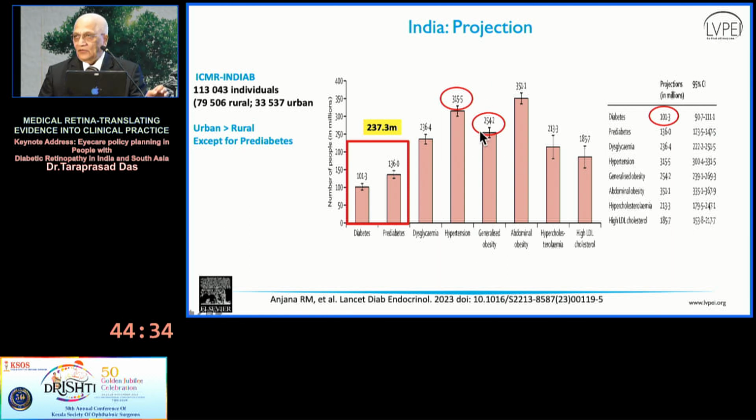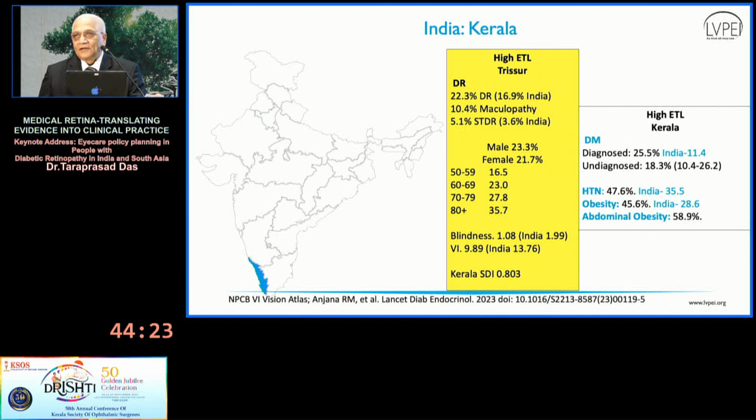In general, all India studies have shown that urban is more than rural, for diabetes or hypertension or anything else. But unfortunately, this is blurred in Kerala. Now, in Thrissur, the study says that retinopathy is higher, so also maculopathy and STDR.